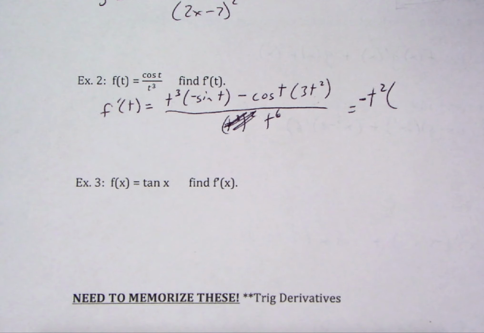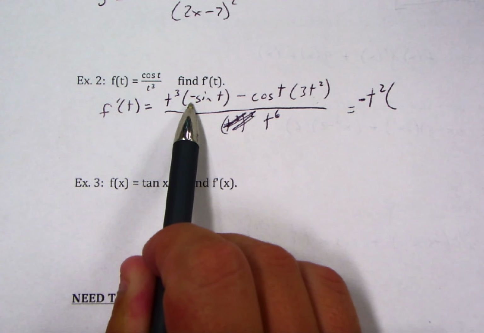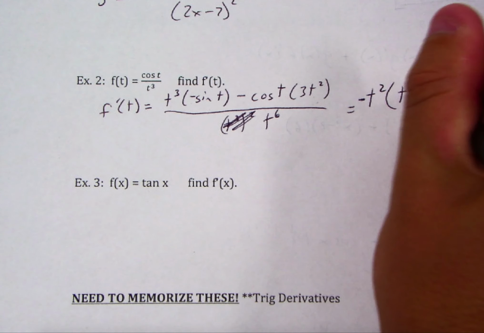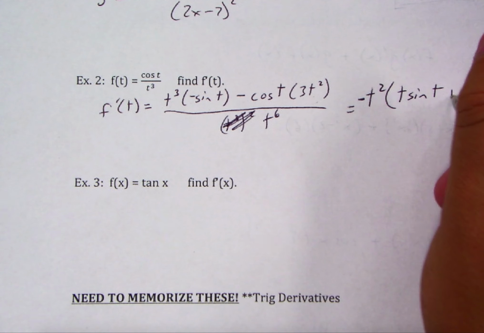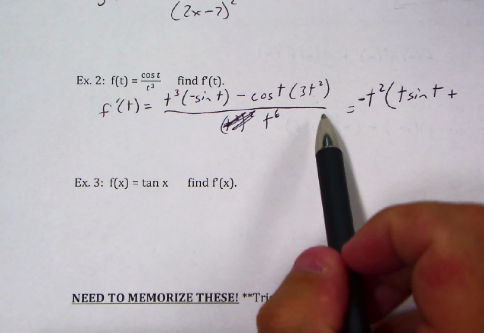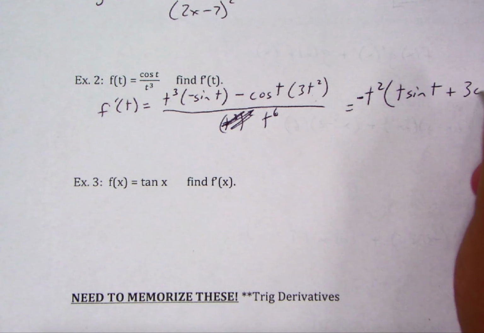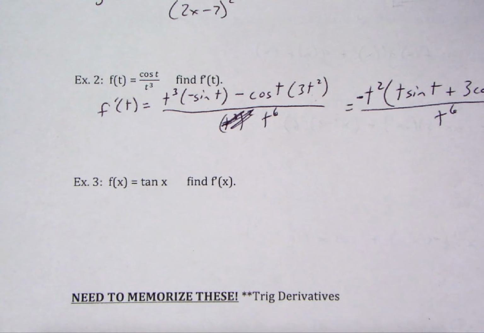This is just some algebra fun. So this is now going to be positive. You're going to have a t left, sine of t. And then this is going to be a plus, because we're taking out a negative. And then we took out t squared, so that's gone. So it's just 3 cosine t, over t to the 6th.